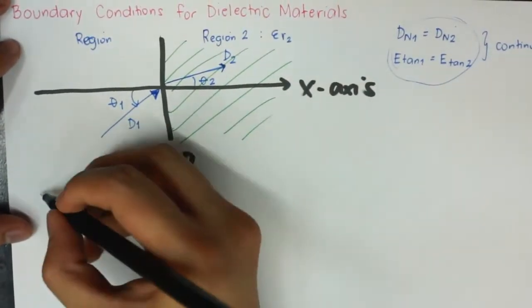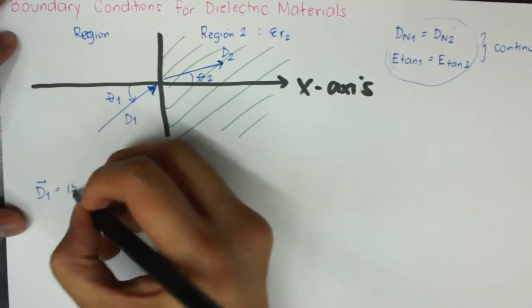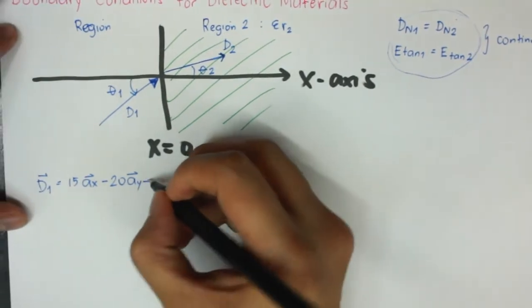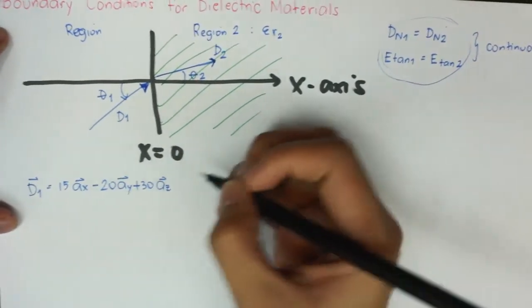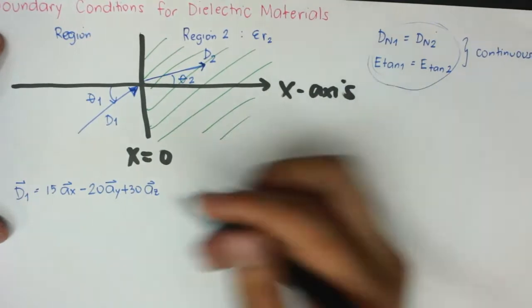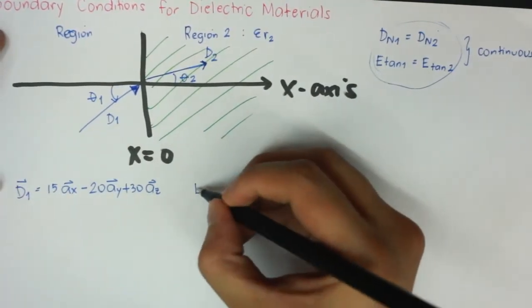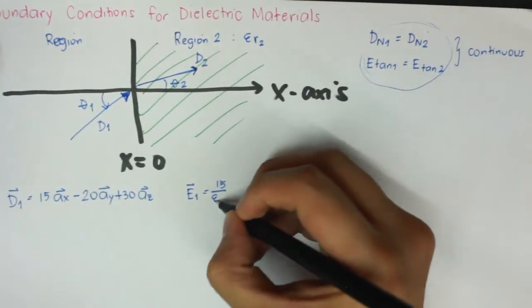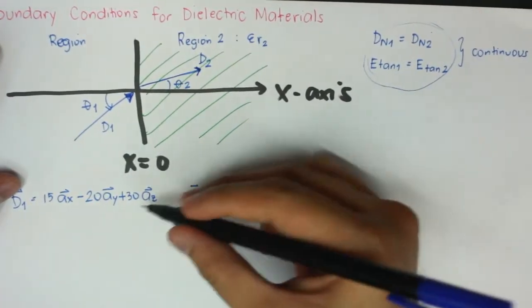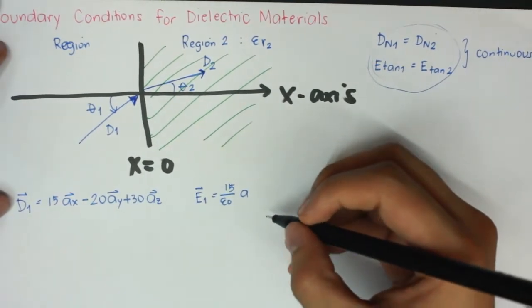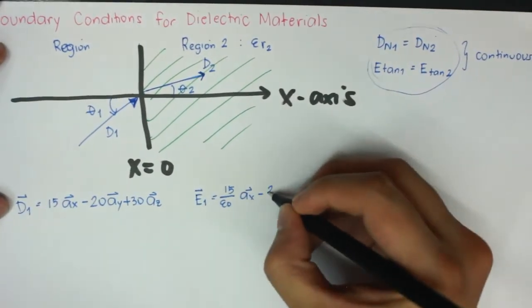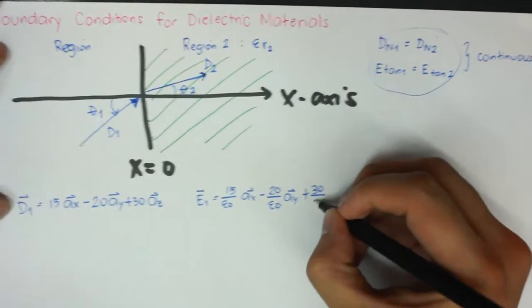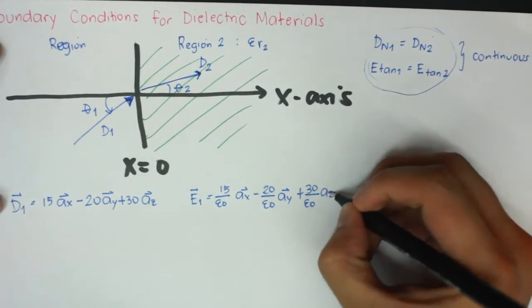So we're given D sub 1, that's 15 ax hat minus 20 ay hat plus 30 az hat. We'll add the units later. Then the electric field of 1 is just 15 over epsilon naught, since electric field is electric flux over epsilon naught, ax hat, and similarly, minus 20 over epsilon naught ay hat, 30 over epsilon naught az hat.